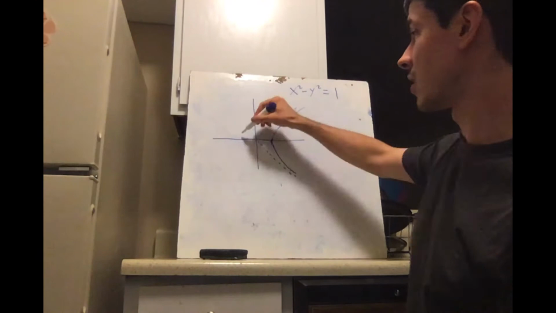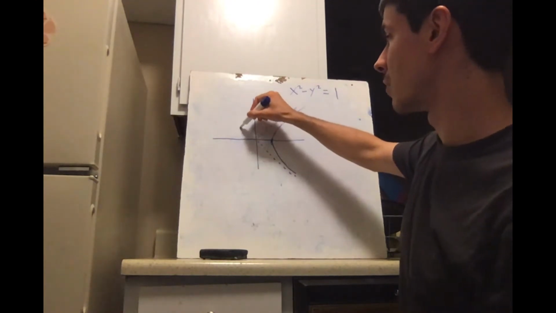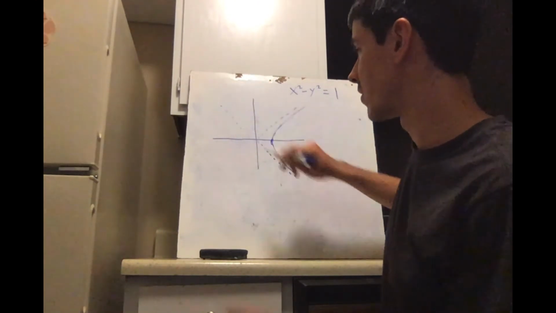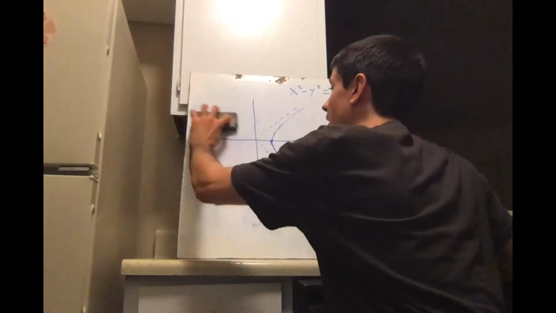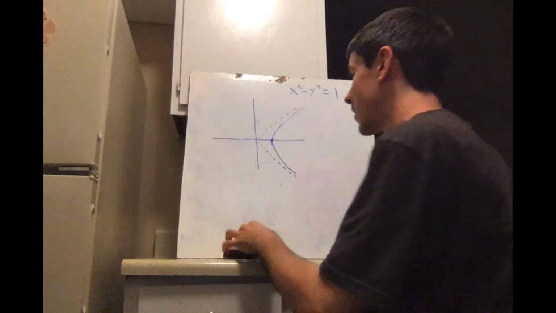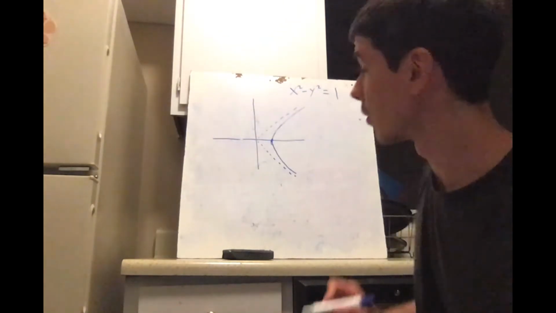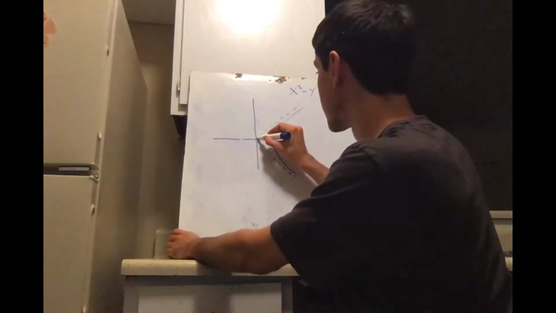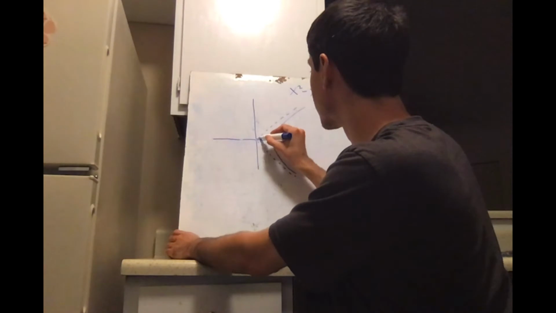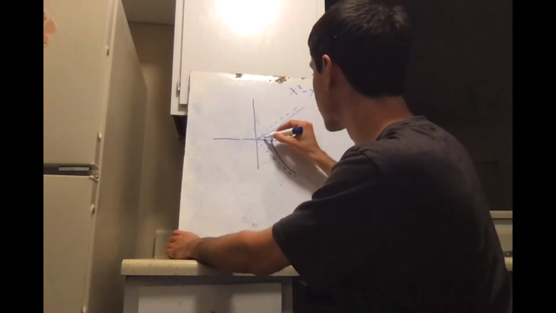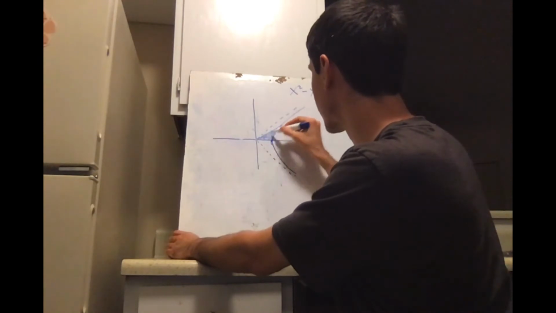Of course, this hyperbola also includes a branch over here, which is the mirror image of the one on the right, which we should not be concerned with. And what we are going to concern ourselves with is this area right here.